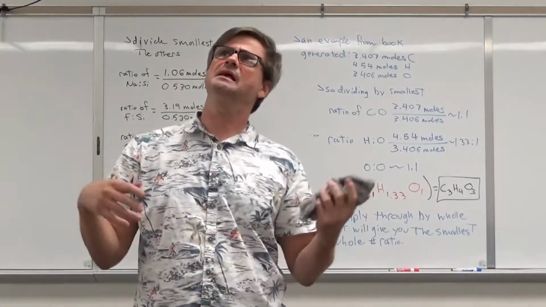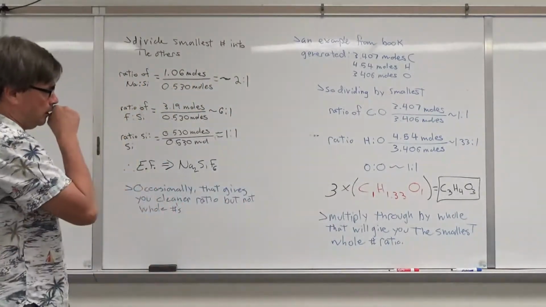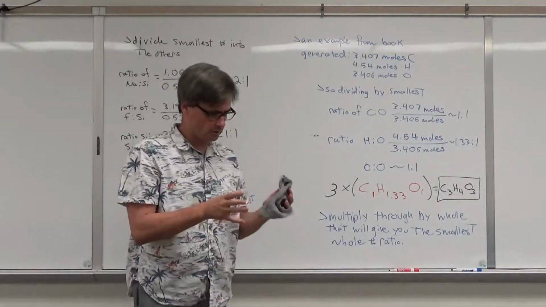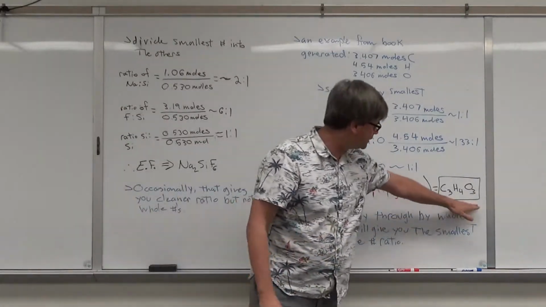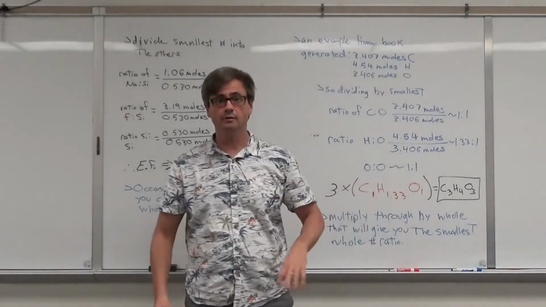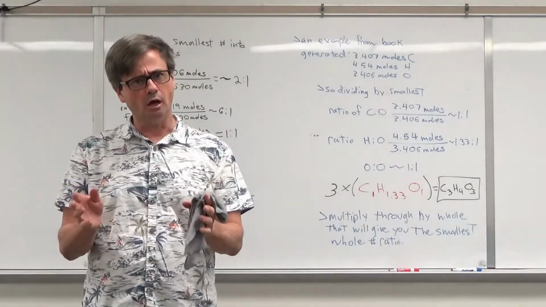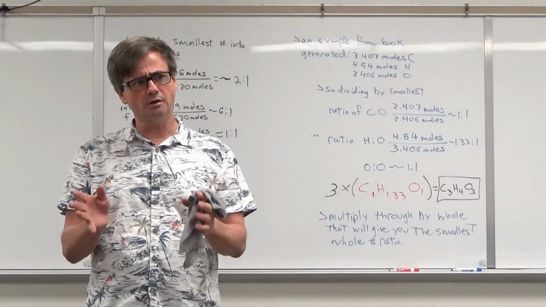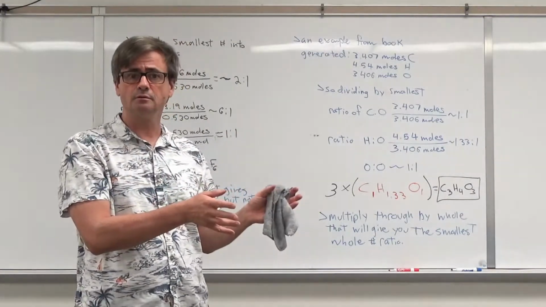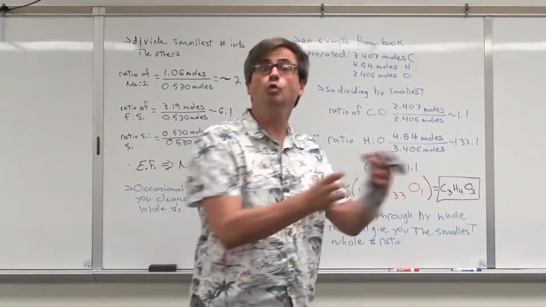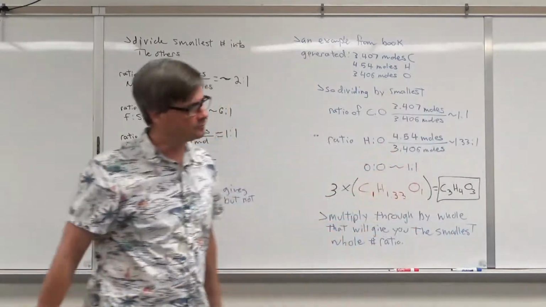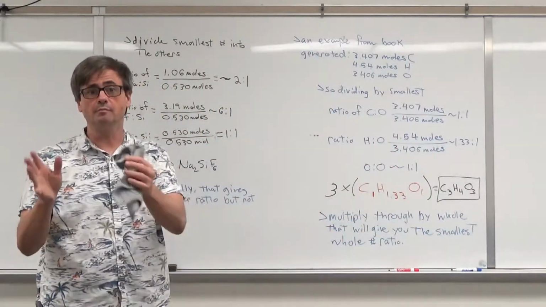If you remember from the last lecture or the one before, with molecular compounds, compounds made up only of nonmetals on the right side of the periodic chart, sometimes their empirical formulas are not the same as their molecular formulas. There's some whole number multiple of their empirical formula.